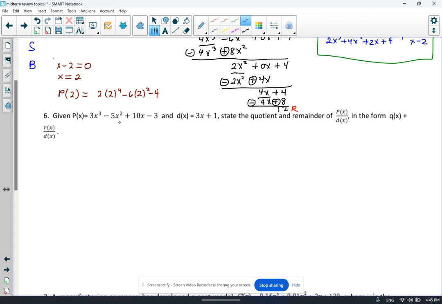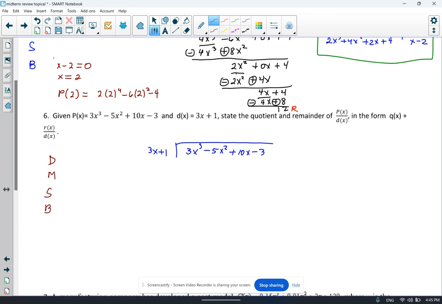So we have 3x cubed minus 5x squared plus 10x minus 3, and I'm dividing it by 3x plus 1. Notice there's no missing term in this case. Dirty monkeys smell bad.